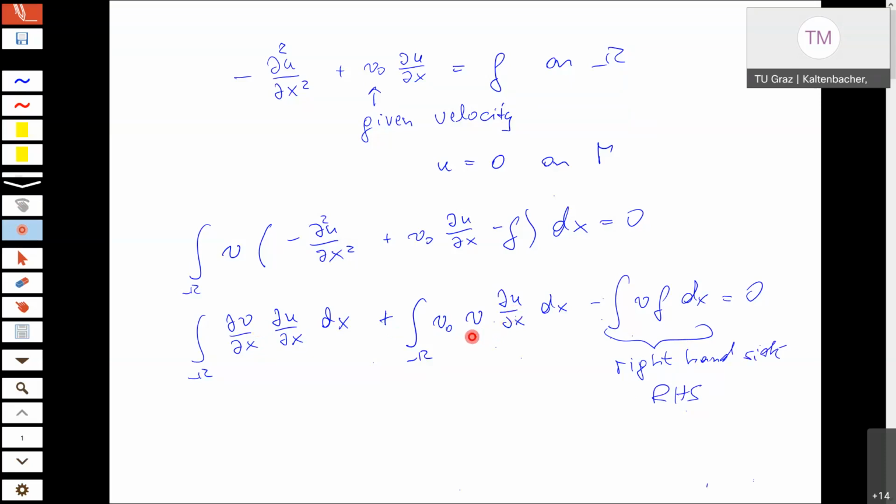So you clearly see this will give us non-symmetric entries, and therefore also the system matrix, after we do the discretization and approximation step, will be non-symmetric. By the way, why I have named v0 a velocity: because such a term is called a convective term.